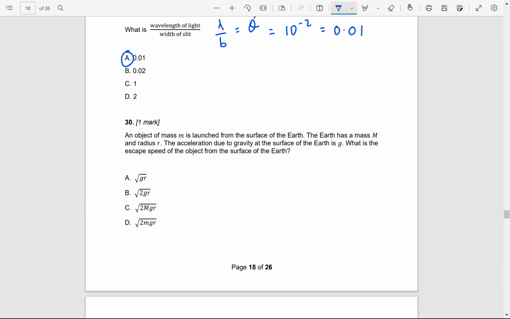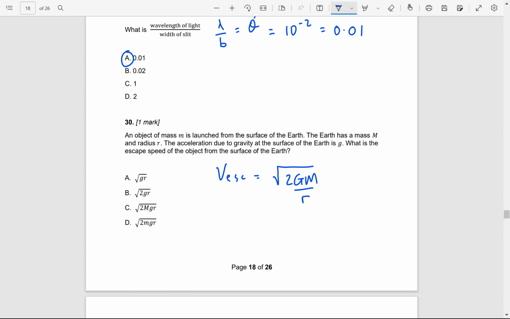Question 30 is looking for the escape speed of an object from the surface of the Earth. So escape speed is located in the data booklet, as are most of these things, and that is the formula.